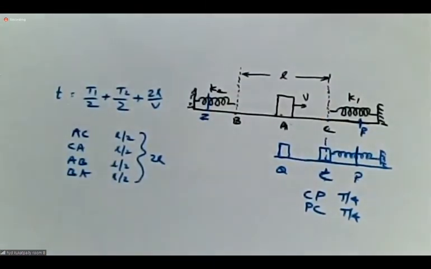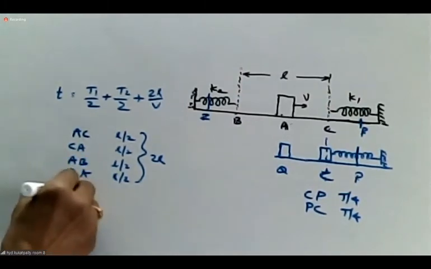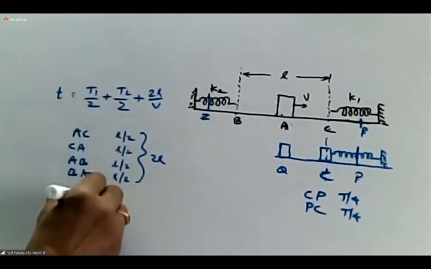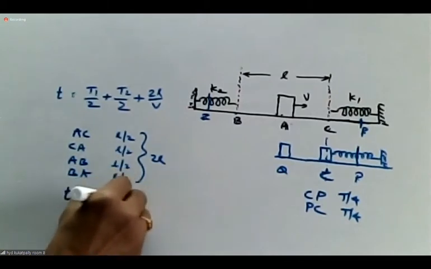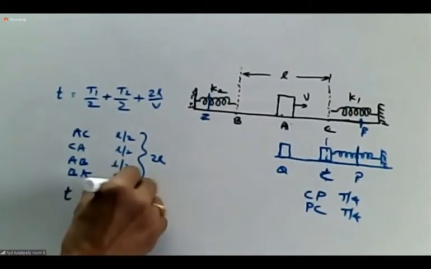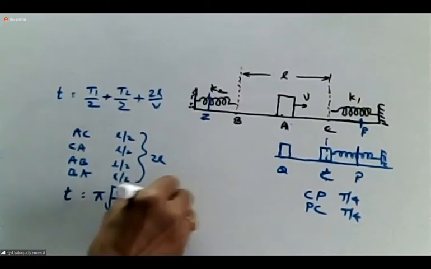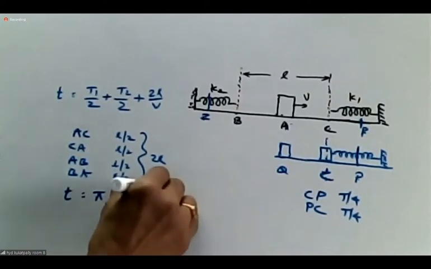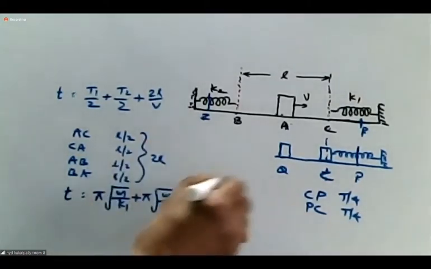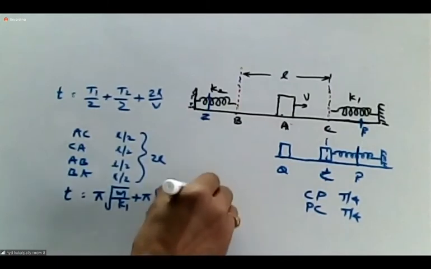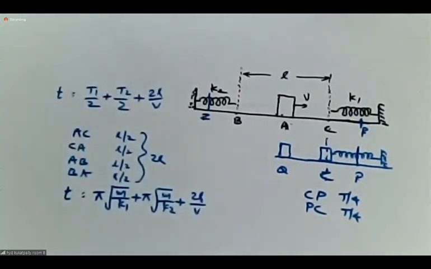Like that it is moving. Ultimately, time period T is equal to pi into root M by K1 plus pi into root M by K2 plus 2L by V. That's all. This is the time.